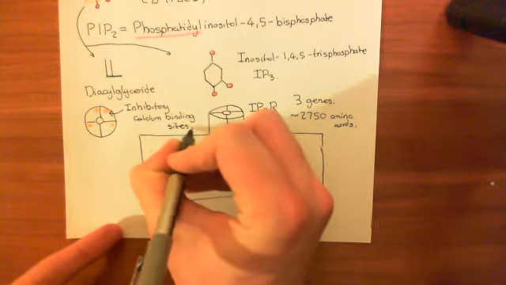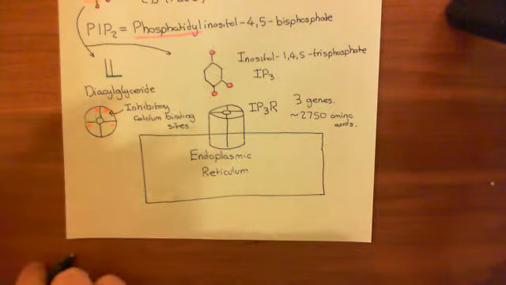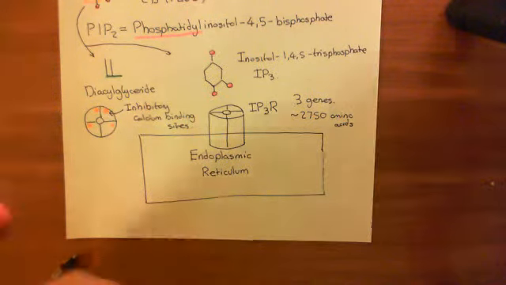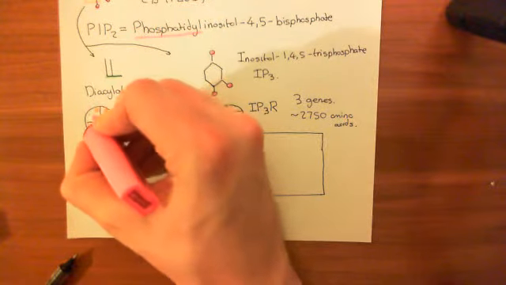Now, if calcium binds to these, it will make the IP3 receptor more likely to be in the closed state, basically. So it will inhibit the IP3 receptor. Now, there are also IP3 binding sites on these IP3 receptor subunits, which I will denote like so.